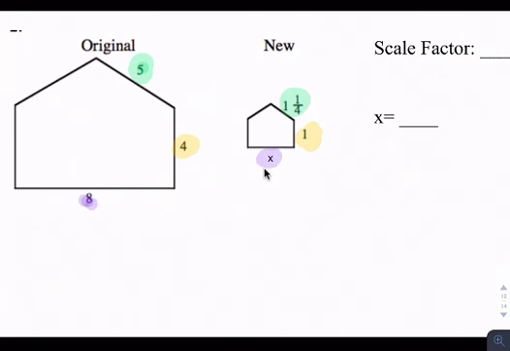And so I do notice right now that I have X as the base of the new shape. So I'm going to have to solve for that. But first I need to find the scale factor.